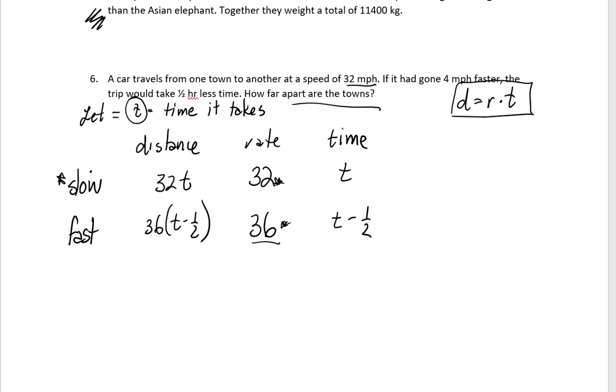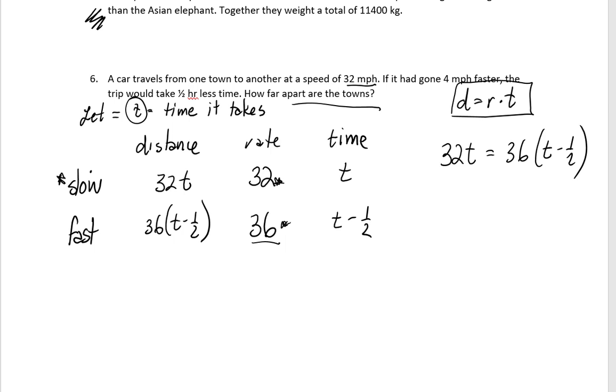Formula: distance equals rate times time, so therefore distance is 32 times t, or 36 times t minus a half. And since it's the same trip, just going faster, those two things are equal. 32t equals 36t minus a half, and we can solve for t.